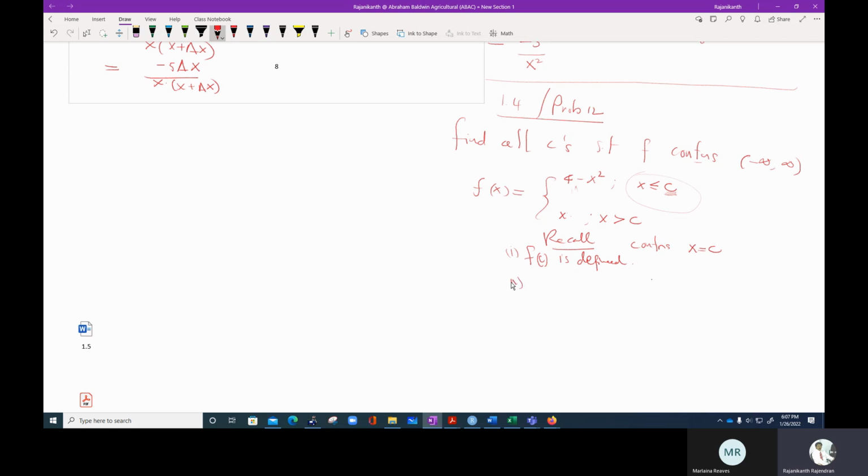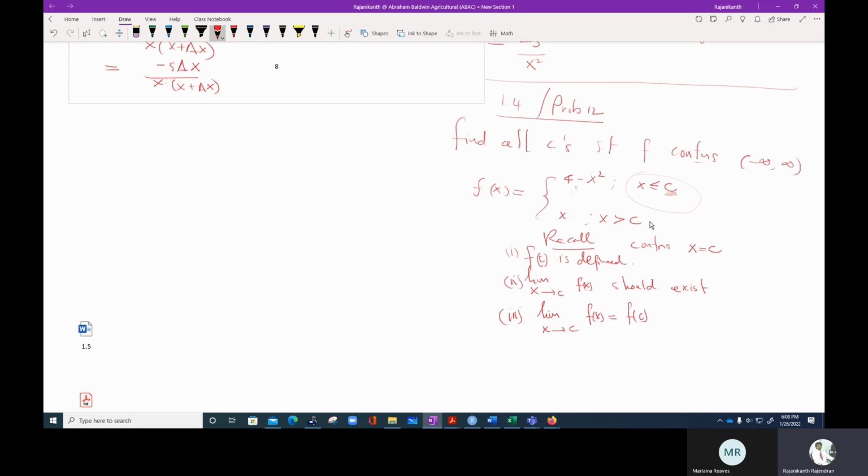The second one is that the limit of the function as x goes to that point should exist. And the third condition is what? The limit answer should be equal to the function value. These are the three conditions.